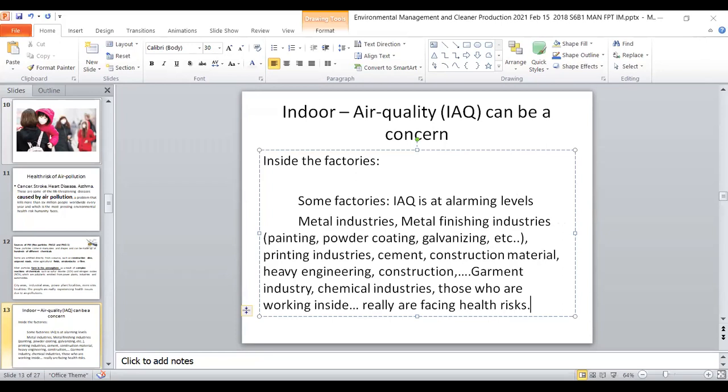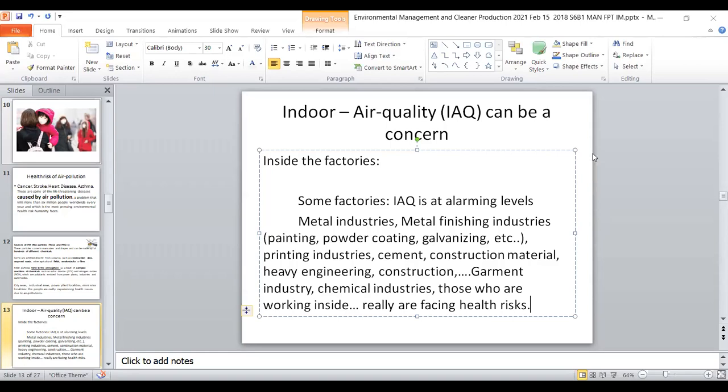In that way, you can see farming, agriculture may be better because there is less health risk unless you are using chemicals. If you are using chemicals, then you are exposed to that. But those are outdoor, maybe, whereas indoors, we really are facing health risks.